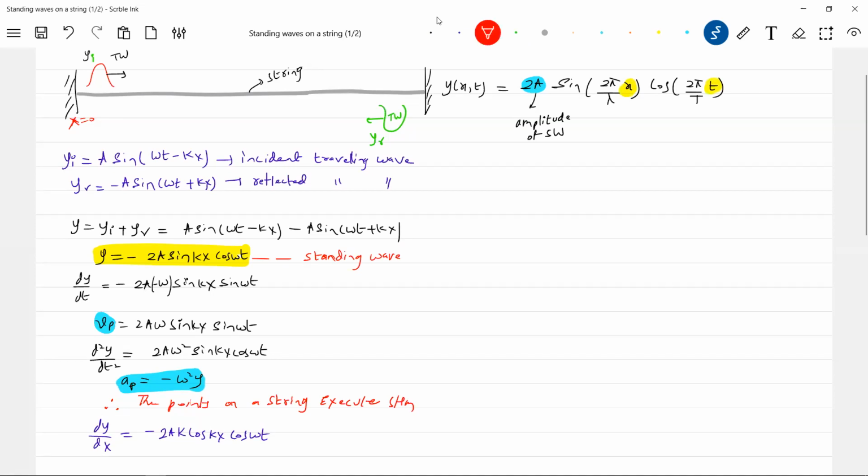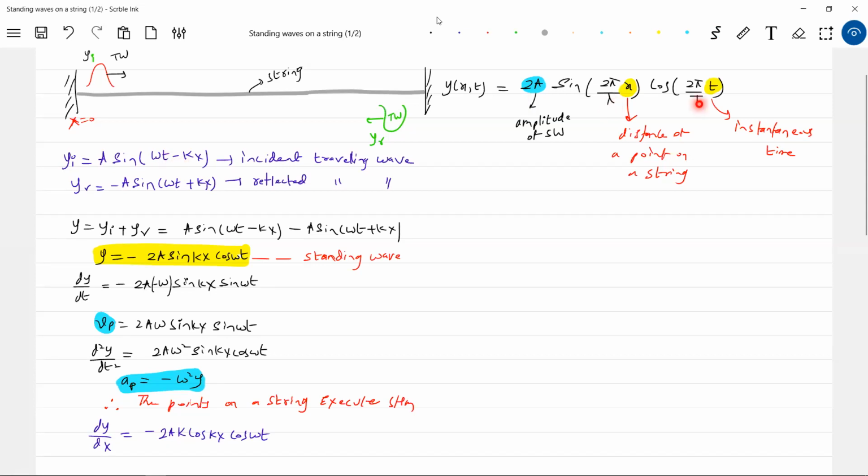Because these terms, we should get familiar. So what is x? X stands for the distance of the point on a string. So what is capital T? Capital T is instantaneous time. Okay, these are the things. So this is the amplitude of standing wave. What is lambda? Lambda is the wavelength of the traveling wave.